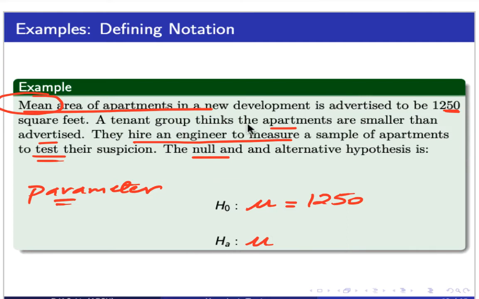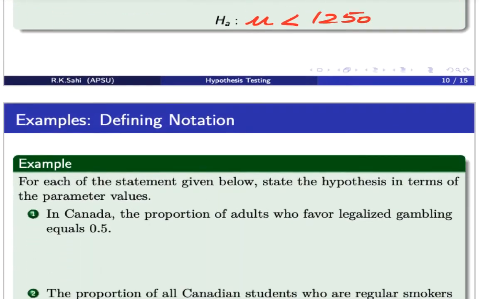A tenant group thinks that the apartments are smaller than what is advertised. That's the giveaway. The smaller than means the alternative hypothesis is strictly less than 1250. And we're done. Okay, let's go and do another problem.